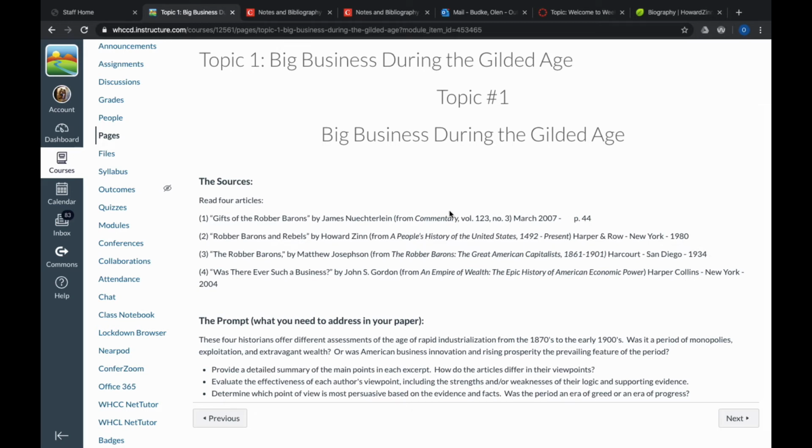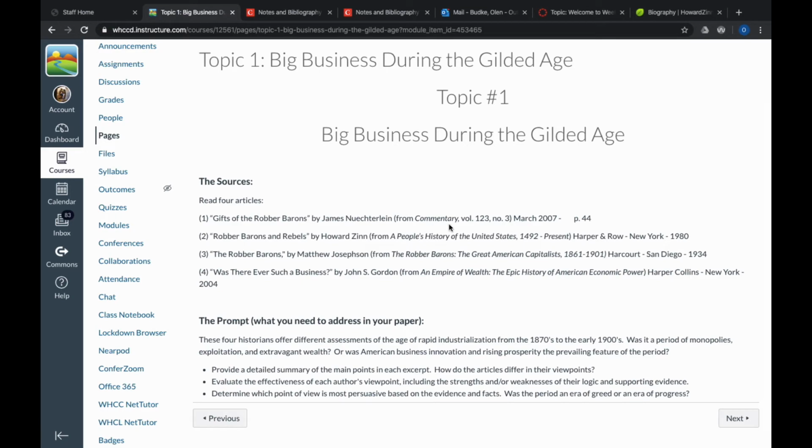If it includes volume number or issue numbers and a month in addition to a year, then you're looking at an article of some sort. Okay, hopefully that makes sense. But Google these sources and figure out what they are. Google Commentary, and figure out, is that a journal or is that a magazine?